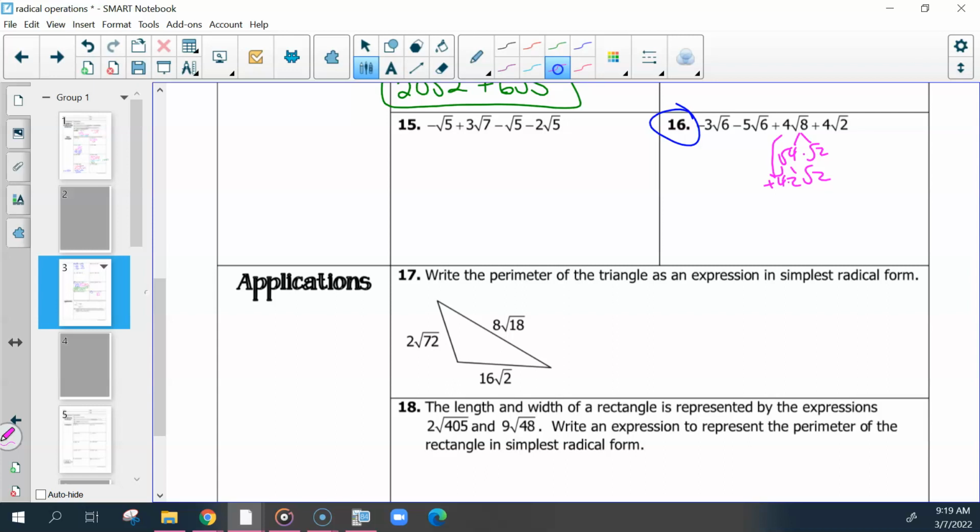Right, so this term alone becomes positive 8 times the square root of 2. And I'm just going to bring down everything else. Can we simplify anything else? Yes.